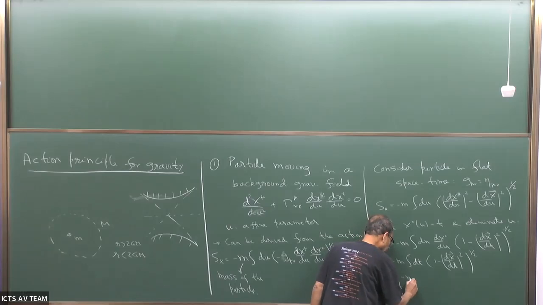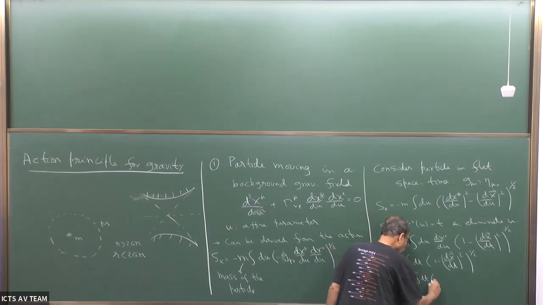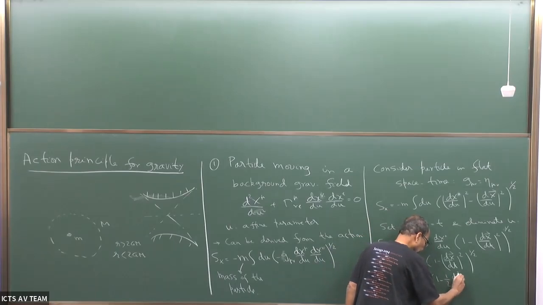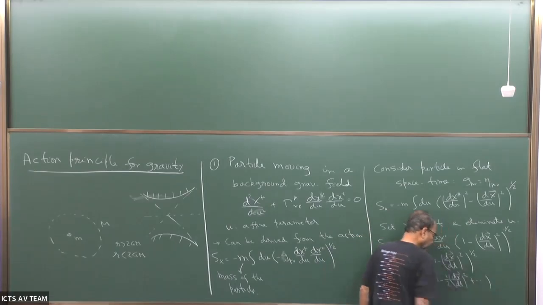And this becomes minus m integral dt times 1 minus half (dx/dt) squared plus higher order terms that we don't keep.